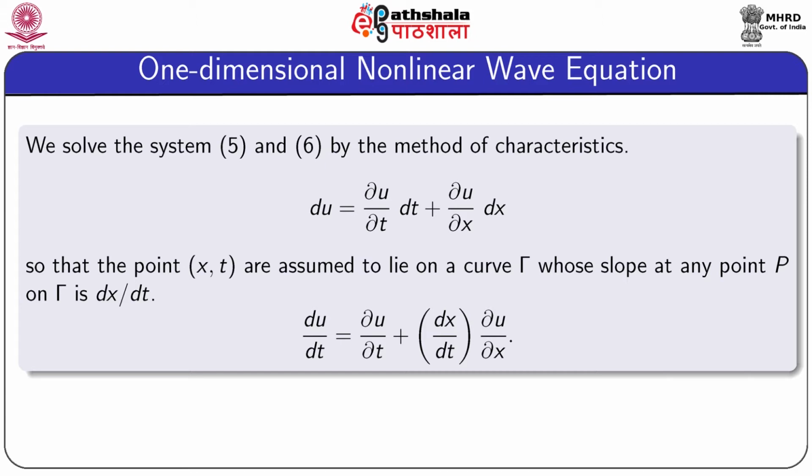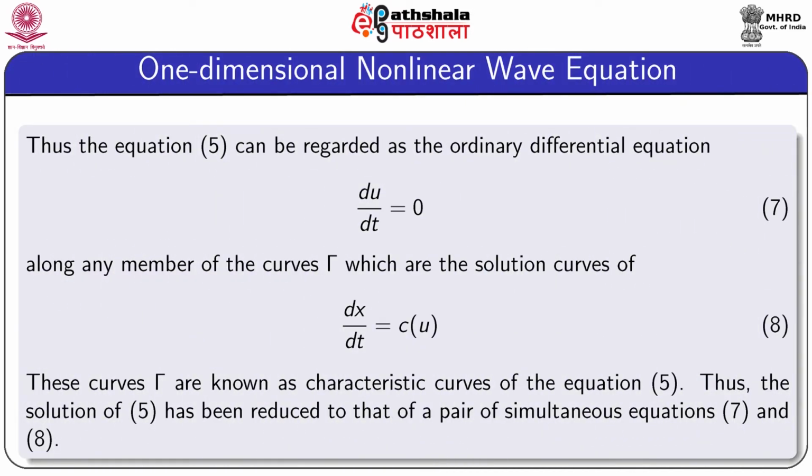Now, if we consider that (x, t) is a point lying on a curve Γ whose slope at any point P is given by dx/dt, then from the above equation we can write du/dt = ∂u/∂t + (dx/dt) ∂u/∂x.